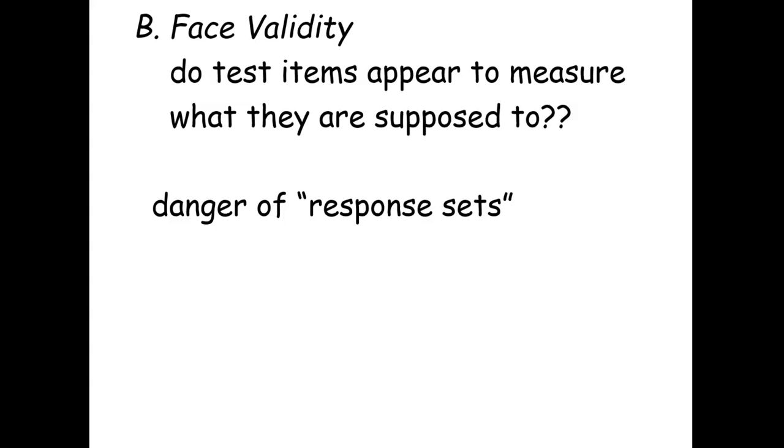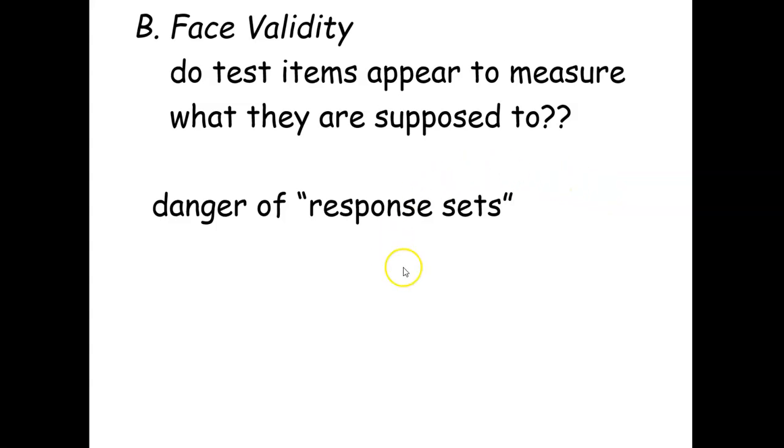If you give it to someone who is thinking about pleading insanity, or someone who's thinking about trying to claim incompetency to stand trial, there are questions on there that say, I hear voices and I have bizarre thoughts. Well, they might answer yes to that because it's obvious what the test is looking for. So it's a tricky balance, but face validity is just a concept I want you to understand a bit.